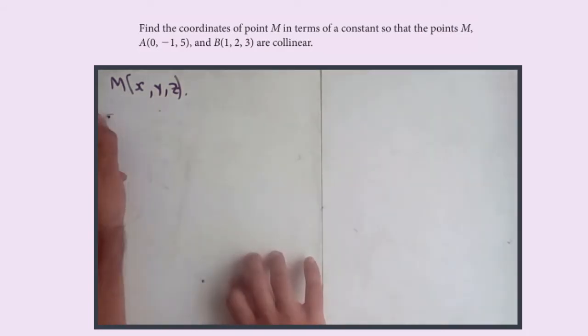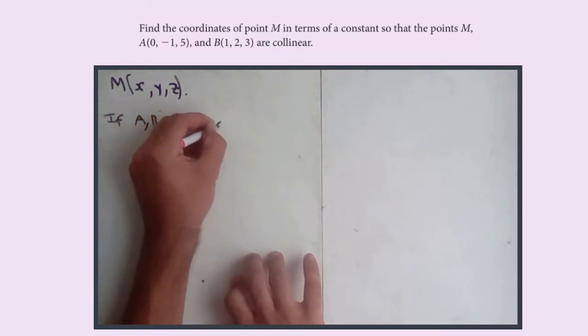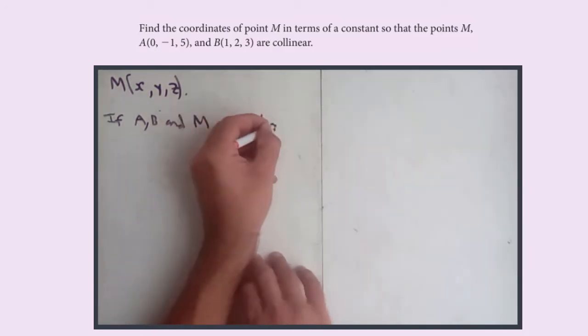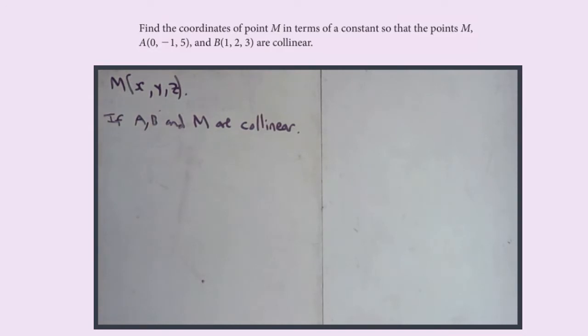If the 3 points A, B and M are collinear, remember collinear means you can draw a straight line through all 3 points. Basically, if 3 points are collinear, then any 2 vectors involving those need to be parallel. For vectors to be parallel, one needs to be a scalar multiple of another.